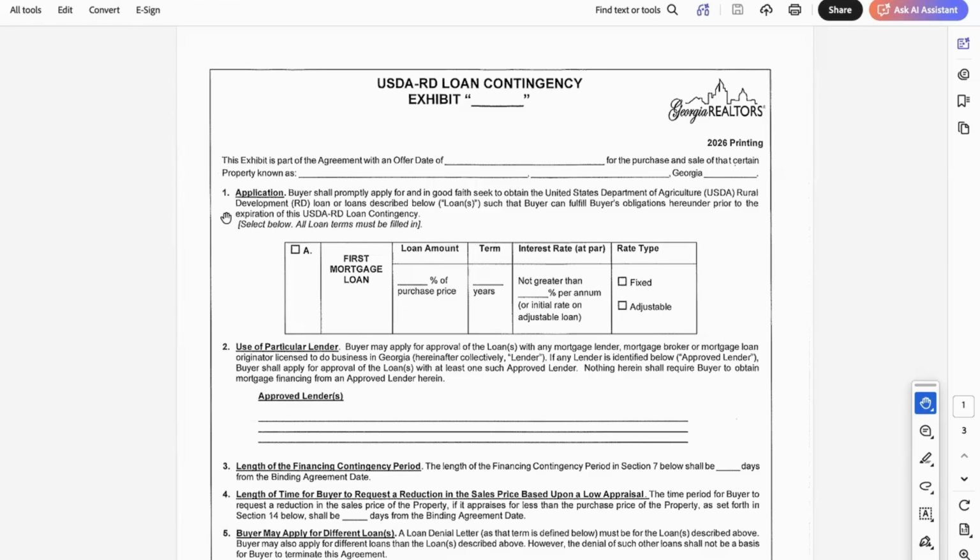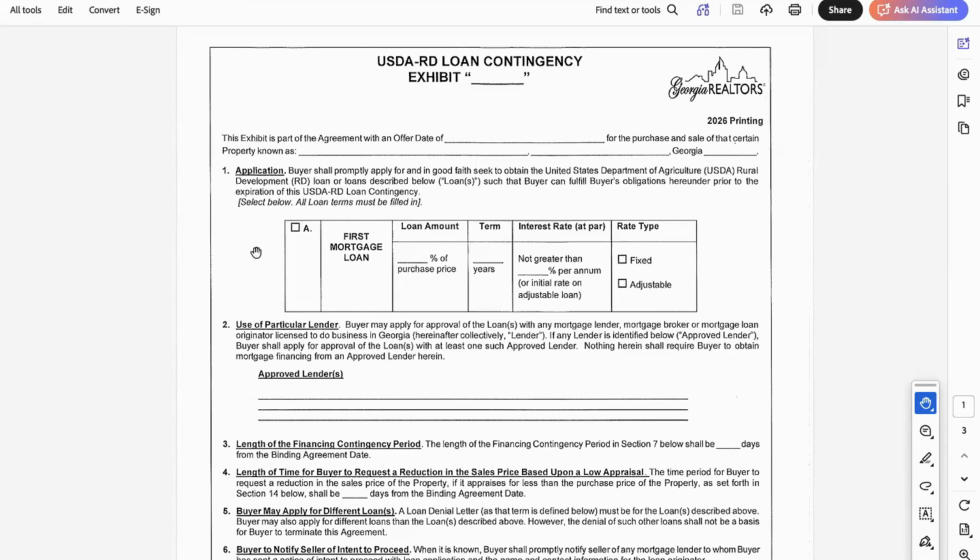Buyer shall promptly apply for and in good faith seek to obtain the United States Department of Agriculture, USDA Rural Development loan or loans described below, such that buyer can fulfill buyer's obligation hereunder prior to expiration of the USDA-RD loan contingency. Select below. All loan items must be filled in in order for this to be part of the agreement.